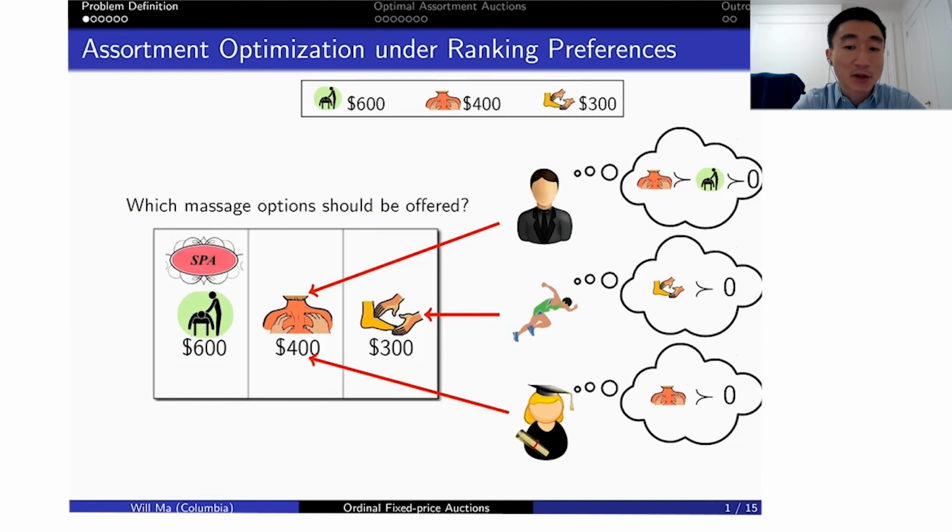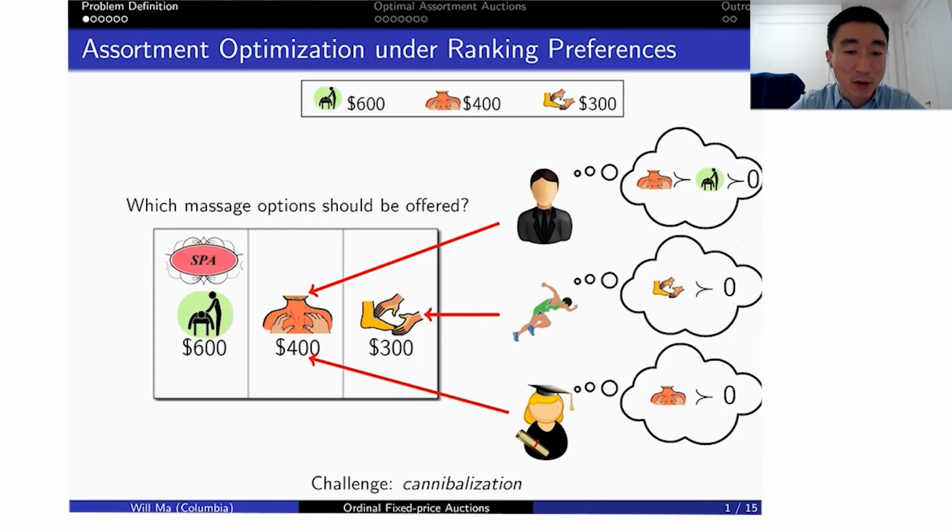But then the students are not going to get any massage and they're going to walk away purchasing nothing. So whether it increases revenue to show versus hide the back rub depends on the propensity of business customers versus students in my pool. So this is an optimization problem over subsets.